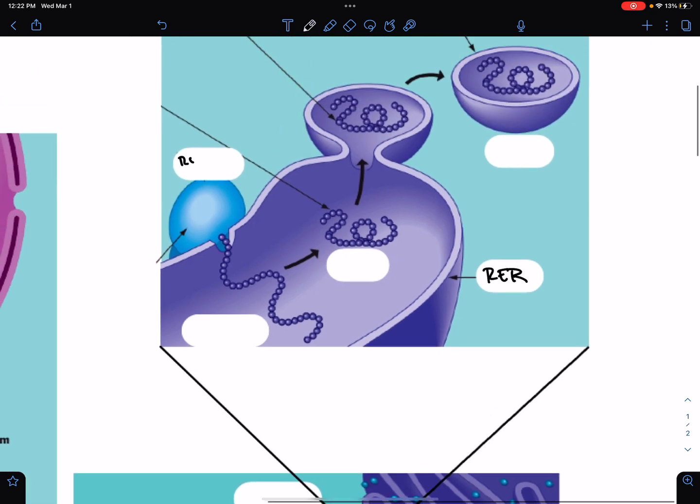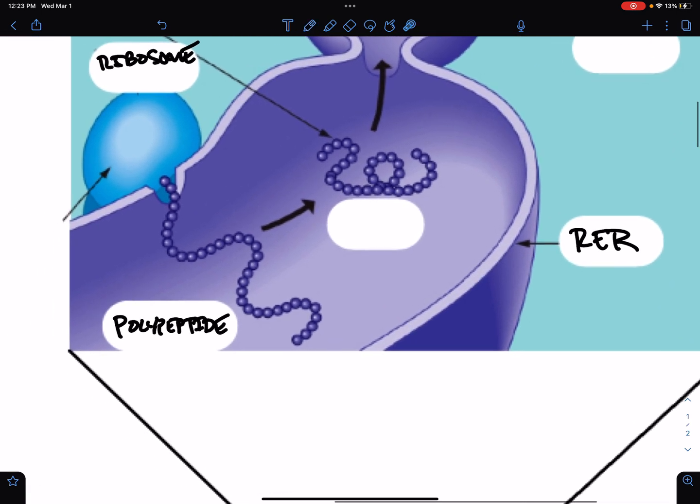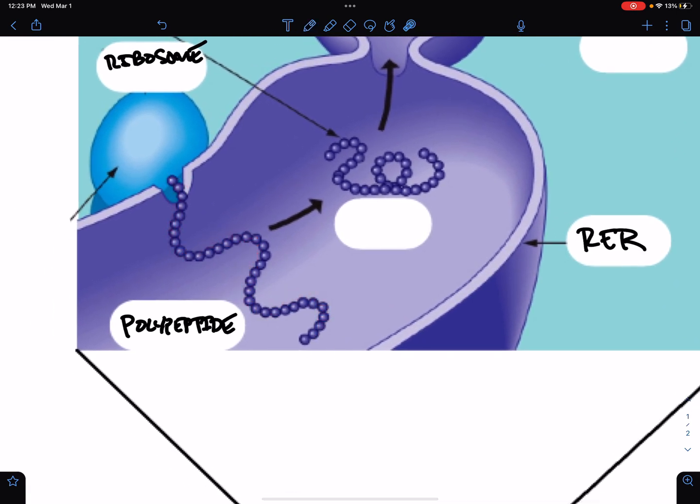And the ribosome is going to bind to the outside of the rough ER, and as it synthesizes its polypeptide, it's going to push it into what's called the lumen, or the space within the rough endoplasmic reticulum. And it is here in the rough endoplasmic reticulum that the polypeptide will be folded into a protein.